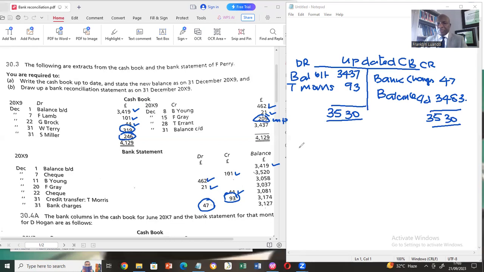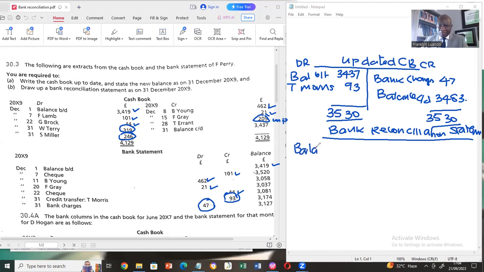After that, we can now prepare the bank reconciliation statement. I'll show you another alternative method, but we are starting with the updated cash book balance.